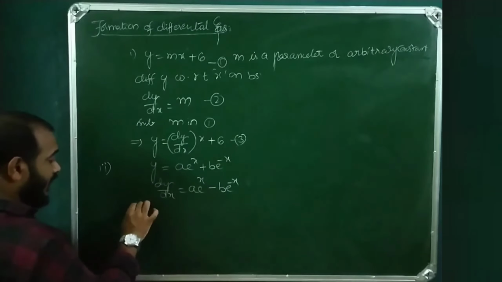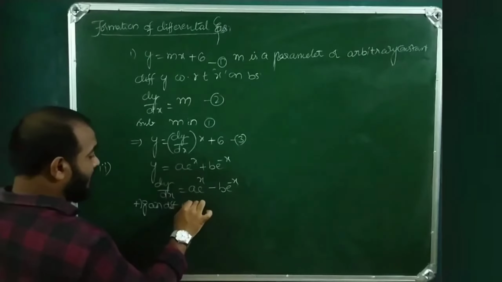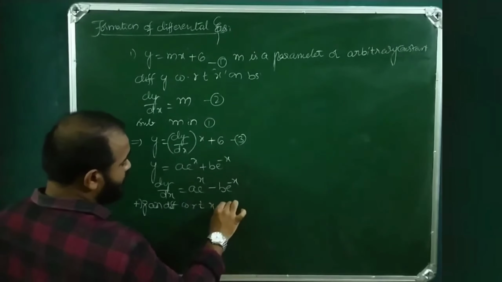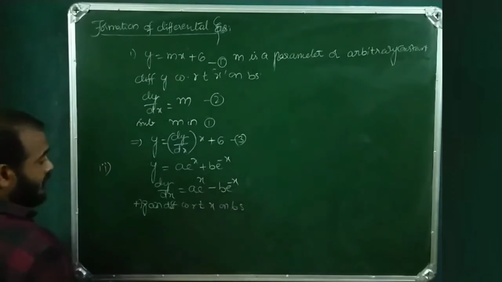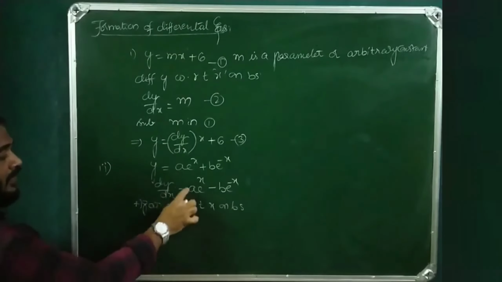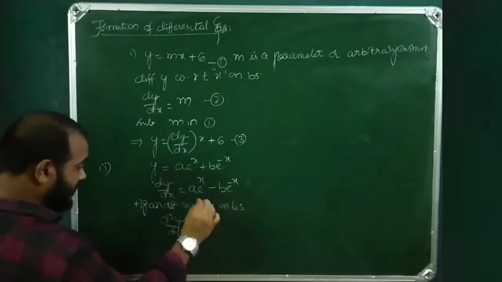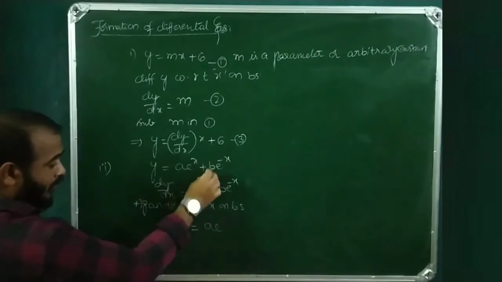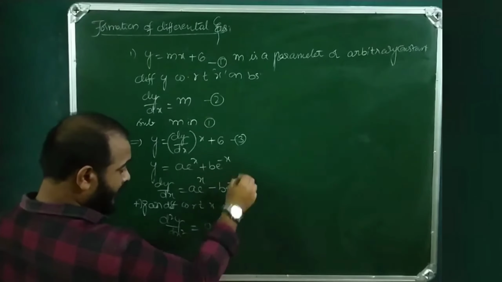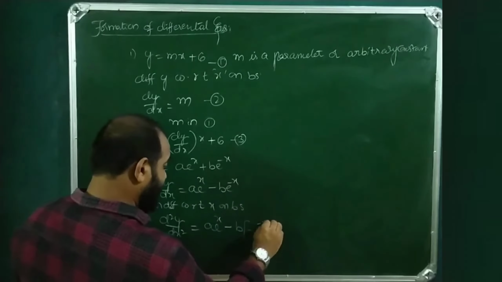So again differentiating with respect to x on both sides. d by dx of y is dy by dx. d by dx of dy by dx is the second order derivative d square y by dx square is equals to a e power x, derivative is e power x, minus b e power minus x, derivative is minus e power minus x.